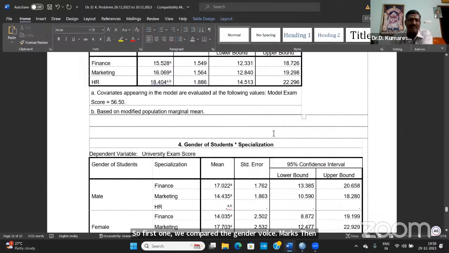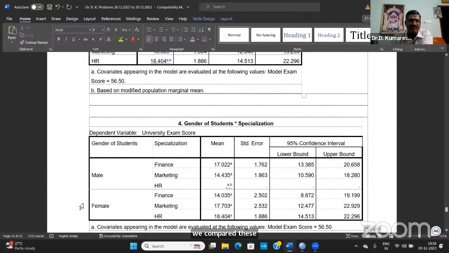Now interaction. Male. Finance, 17.02. Marketing, 14.435. There is no male students in the HR specialization.